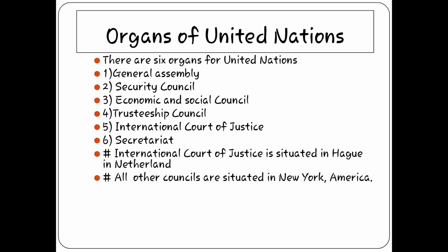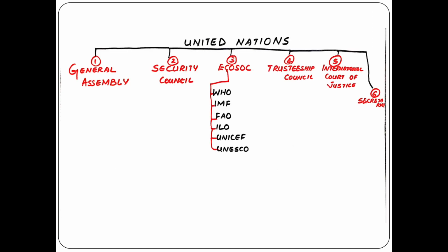Now, United Nations consists of different organs, mainly 6 organs, namely General Assembly, Security Council, Economic and Social Council, Trusteeship Council, International Court of Justice and Secretariat. You will get more of an idea about this from this chart.